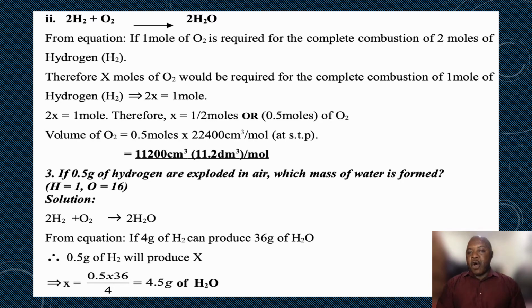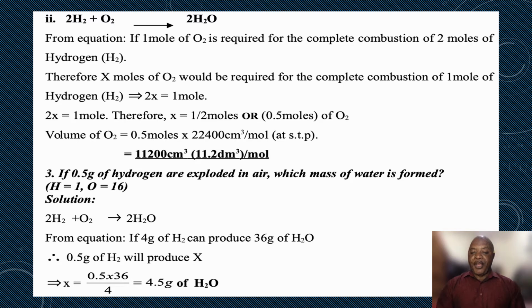Therefore for 1 mole of hydrogen, how many moles of oxygen are required? The moles of oxygen required will be 0.5 moles of oxygen. We divide by 2. That is just the moles of oxygen that you have got. Then we need to multiply it by 22,400 in order to have the volume at standard temperature and pressure.